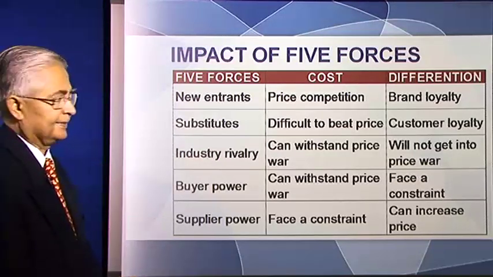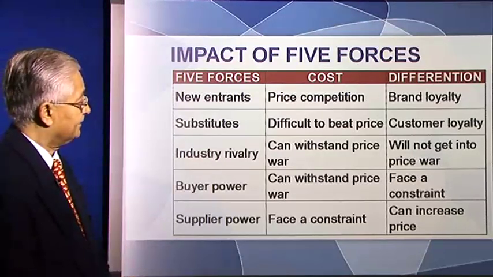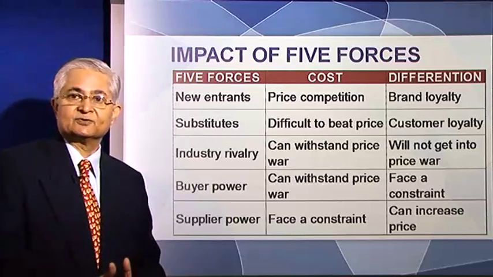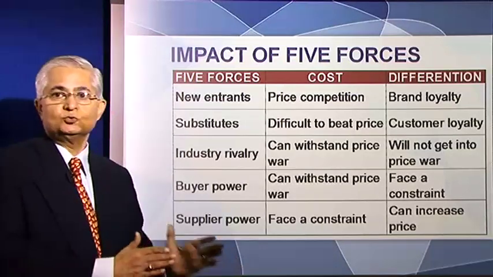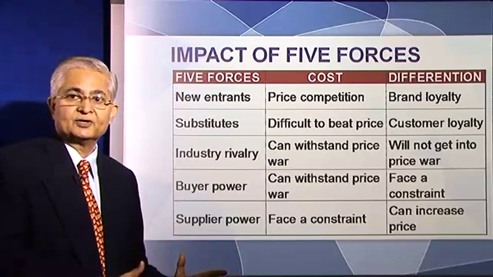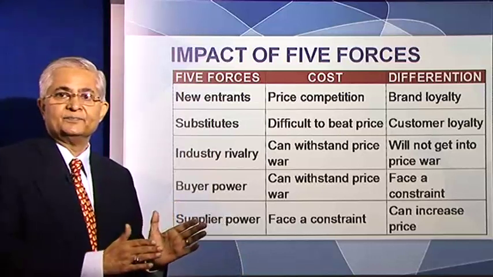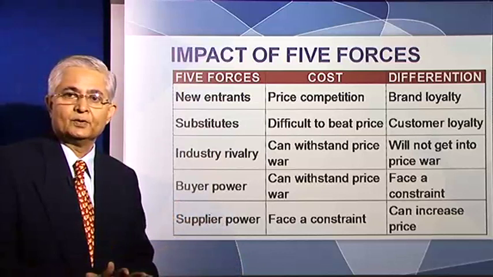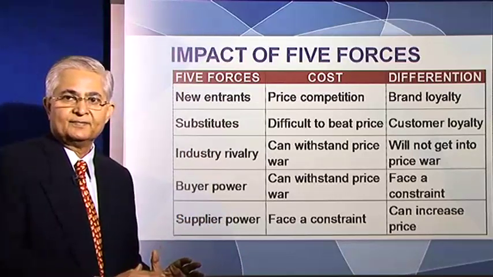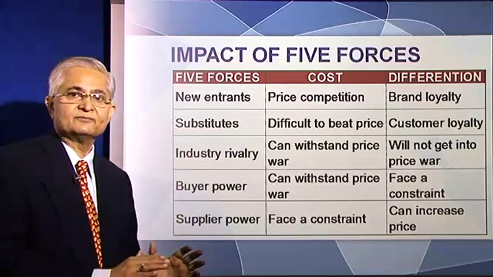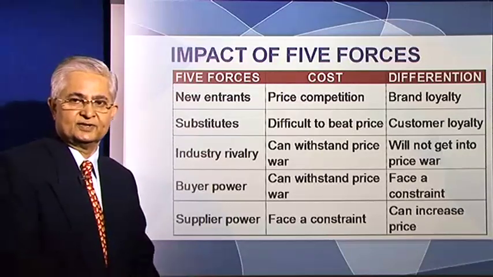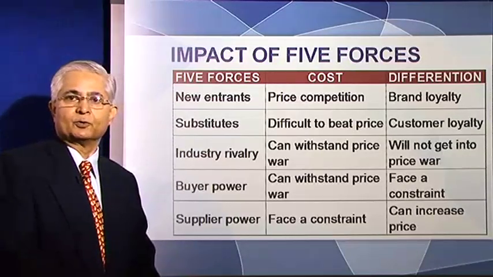Let's look at supplier power. In the case of supplier power, what we are saying is that typically in that industry, the suppliers to that industry are powerful, either because the suppliers are big, the industry firms are small, or because the suppliers are few in number and therefore the industry firms do not have much choice. We saw this in the earlier session when we looked at the Porter forces.